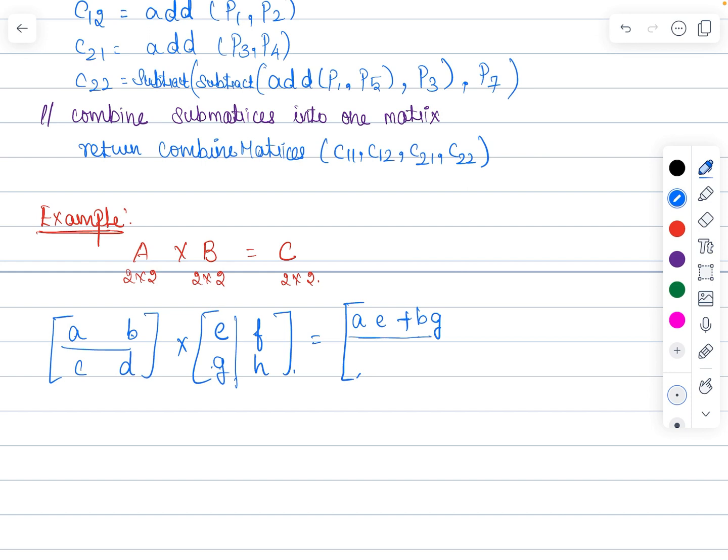First row, second element is AF plus BH. Second row, first element is CE plus DG, and then CF plus DH. This is how we would be performing the matrix multiplication.